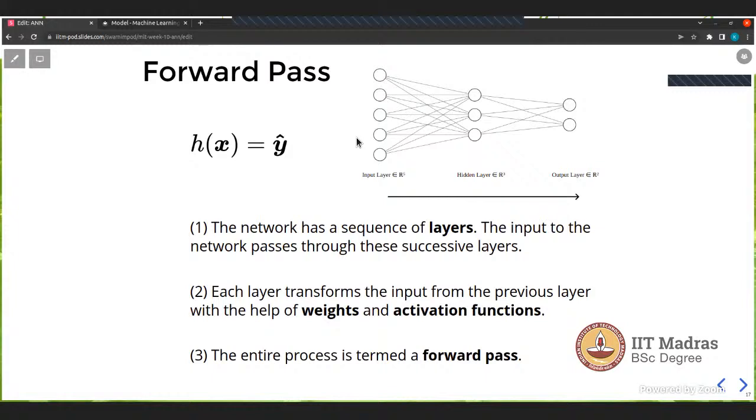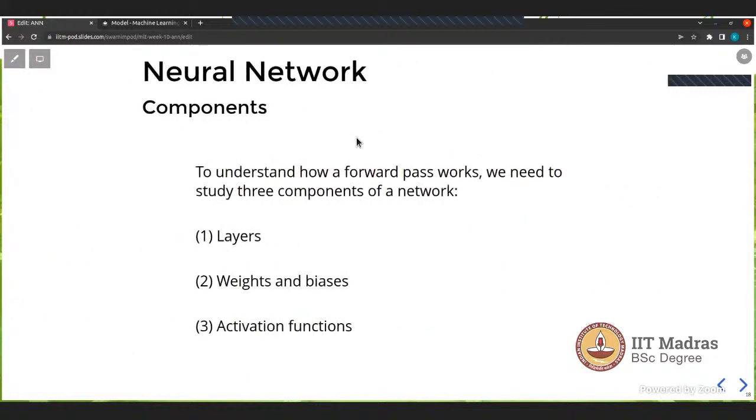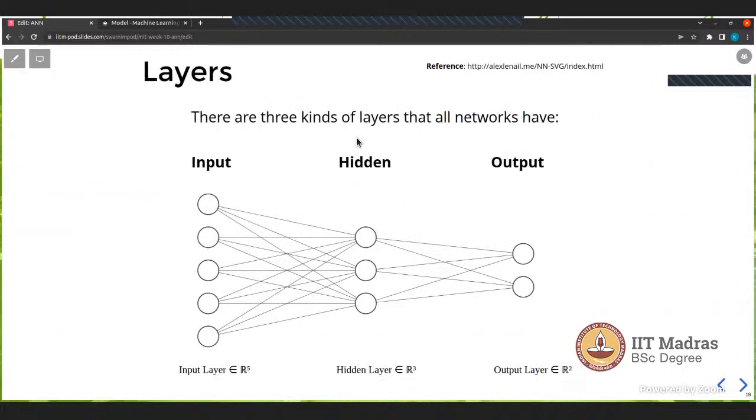Okay, so within a neural network, you have three components: the layers, weights and biases, activation functions. So layers, every neural network will have at least three layers, right? So this is a minimum: input, hidden, output. So if you remove the hidden layer, and if you just have input and output layer, then your model is essentially linear.